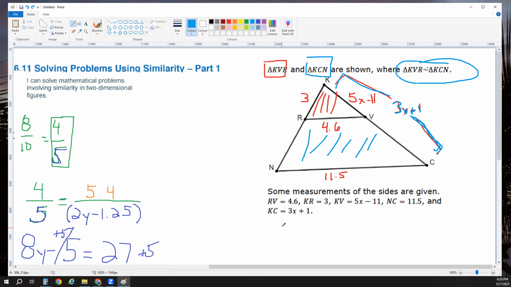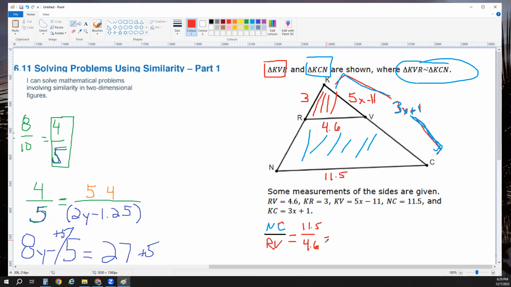All right, so I'm going to do NC divided by RV. I'm going to set that equal to 11.5 divided by 4.6.